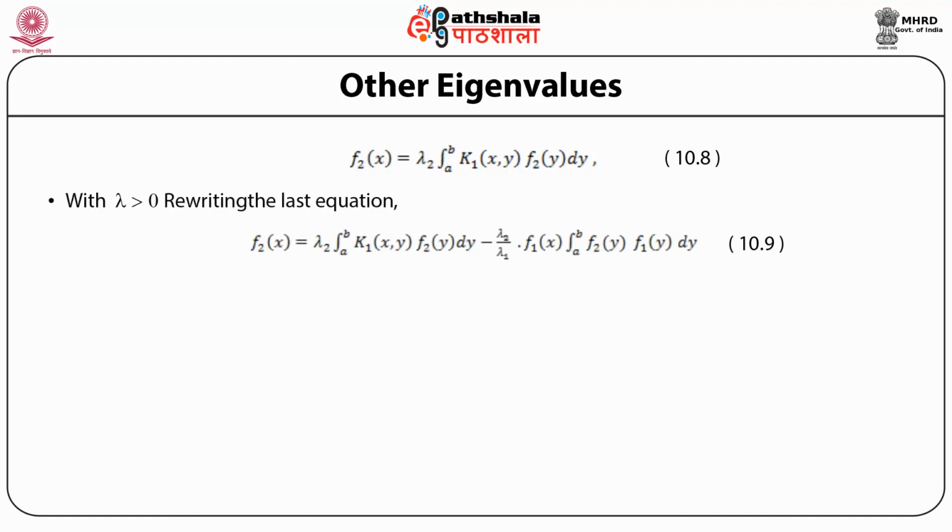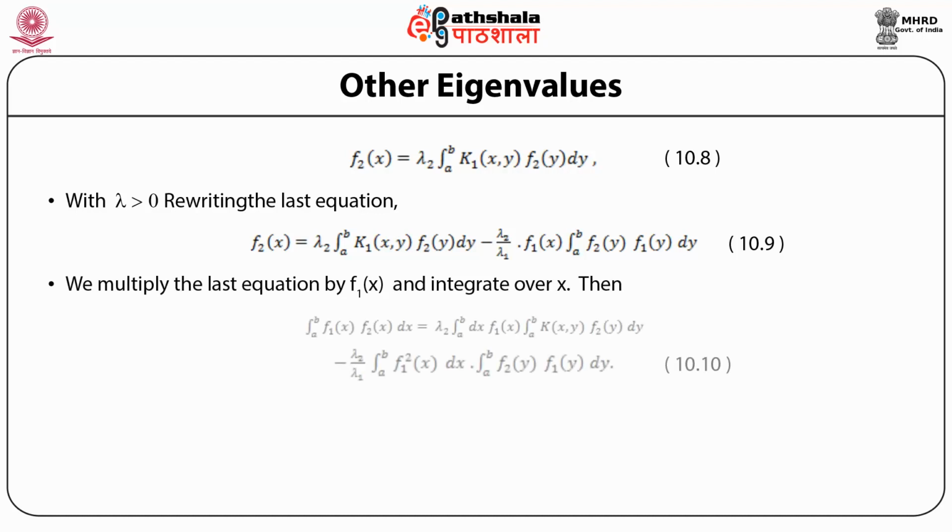Rewriting this, we have f2(x) equal to lambda 2 integral from a to b of K into f2(y) minus lambda 2 by lambda 1 f1(x) multiplied by the integral of the product of f2(y) and f1(y) over dy from a to b. Now we multiply this equation by f1(x) and integrate over x. Then the left hand side becomes the integral of the product of two functions f1 and f2 over dx from a to b.